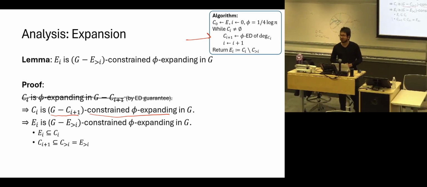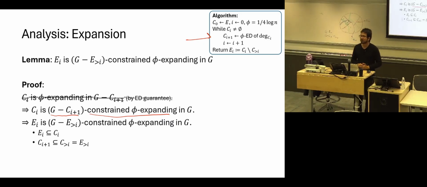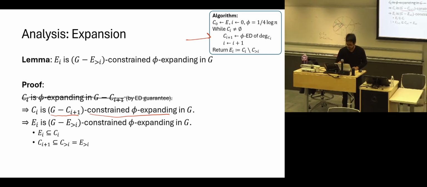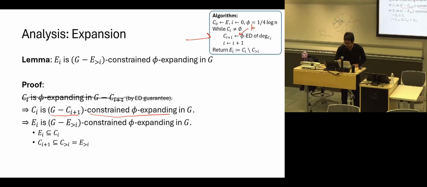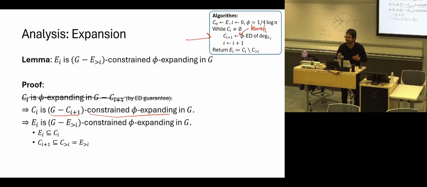Instead of a phi expander decomposition, you can have a phi E greater than I constrained, or G minus E greater than I constrained expander decomposition.